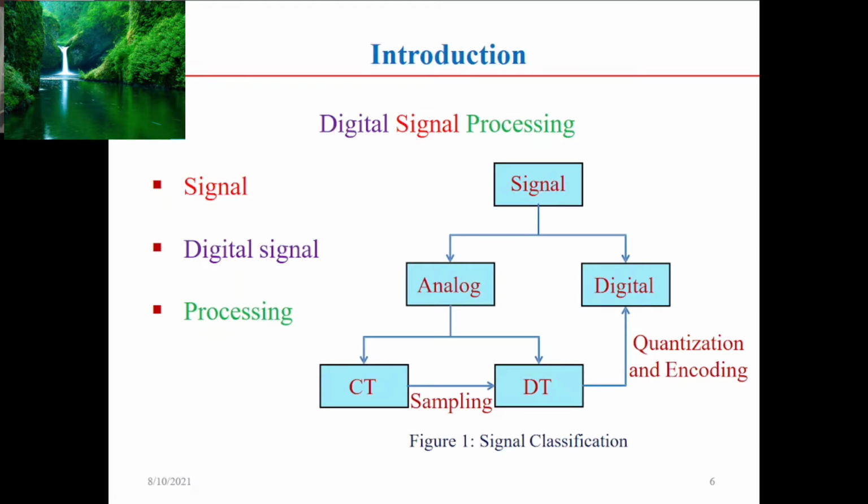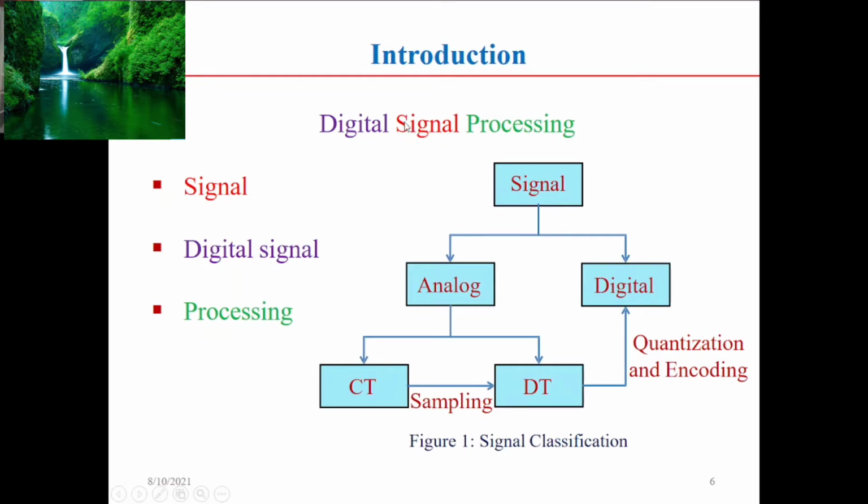Why? Because this is nothing but numbers. An image is in the form of a matrix. Speech is in the form of an array. That is, it is simple digital numbers, or a signal in the form of 1010 and so on. So the processing can be done very accurately, and there are so many advantages which we will be talking about now.